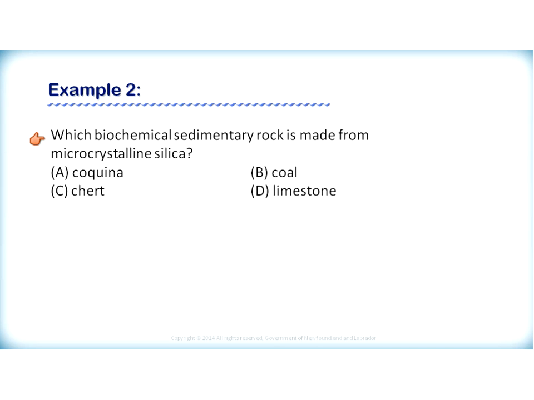Example number 2 reads, which biochemical sedimentary rock is made from microcrystalline silica? Our choices: coquina, chert, coal, and limestone. Even though all 4 examples can be examples of biochemical sedimentary rocks, the one that is made from microcrystalline silica would be chert.